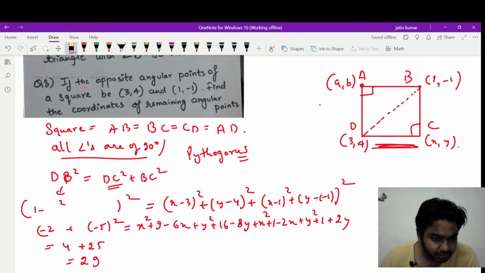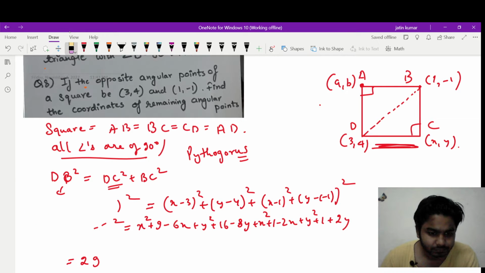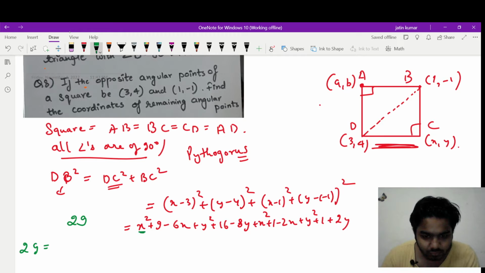So let me rub that left part. So 29 is equal to x square plus x square, which will be 2x square. y square plus y square will be 2y square. And here it is minus 6x and minus 2x, which will be minus 8x.